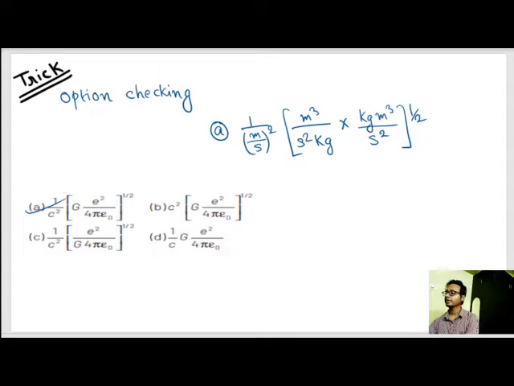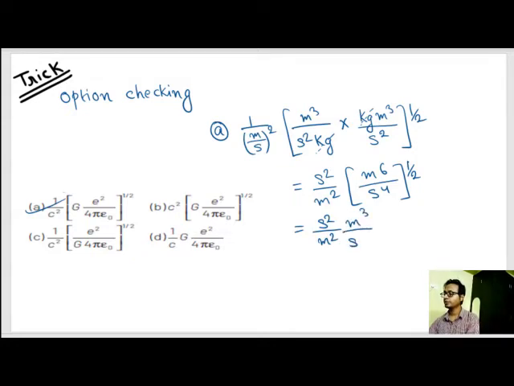Okay, see, this kg and this kg get cut, and we are left with second square by meter square is equal to meter to the power 6 by seconds to the power 4, all to the power 1 by 2. So m to the power 6 to the power 1 by 2, we multiply the powers, or m cube by s to the power 4. Let's cut it.